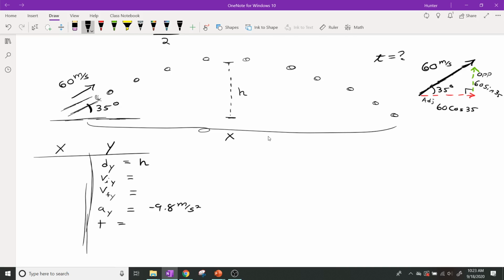Please put your calculators in degree mode, because this is 60 cosine 35 degrees. Most of the time in AP Physics, we will be in degrees. There are very few circumstances where we use radians. What do we get?